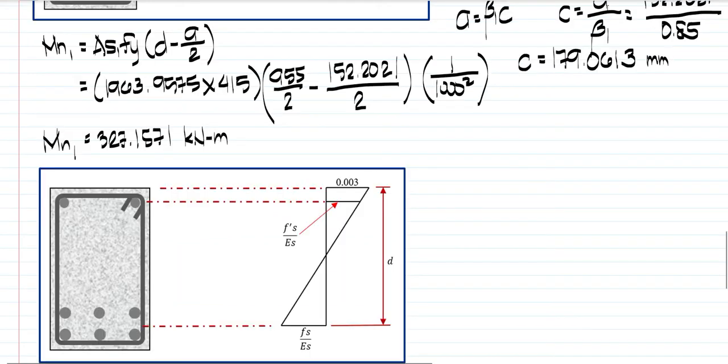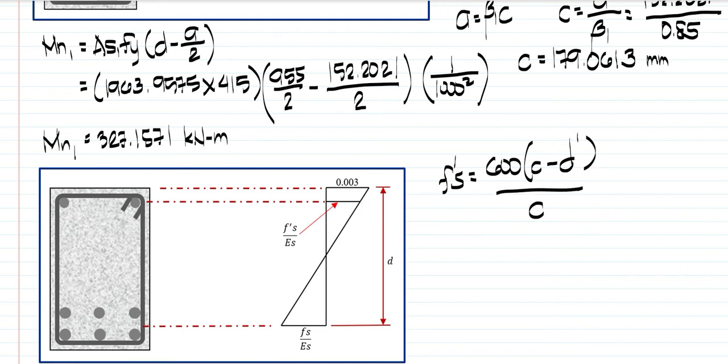After getting the first nominal moment, we can now proceed to getting the steel stress to see if the compression steel is yielding or not. That can be done using the strain diagram, which I will not derive. We just proceed to the derived equation: f's = 600 times (c minus d') over c.